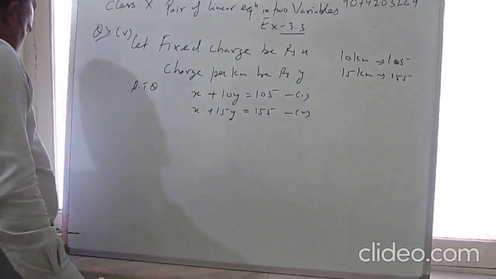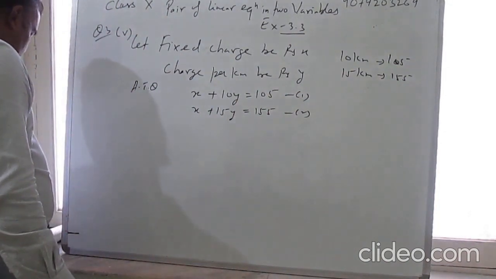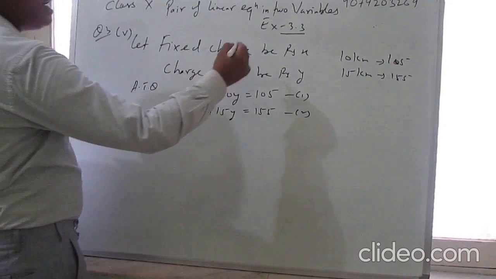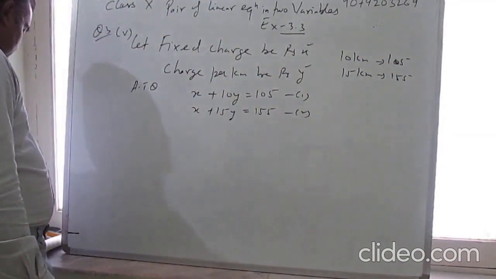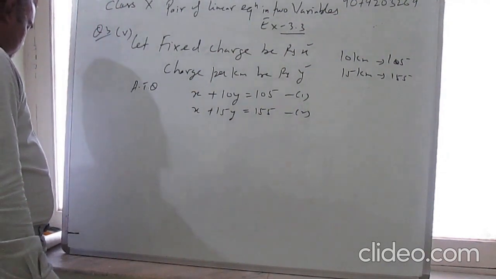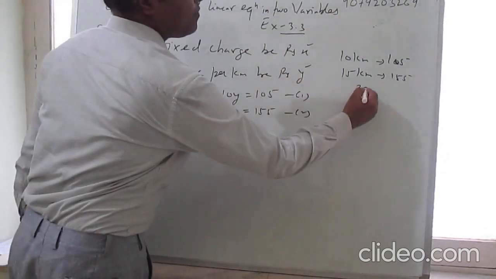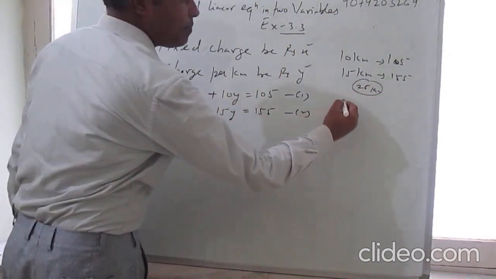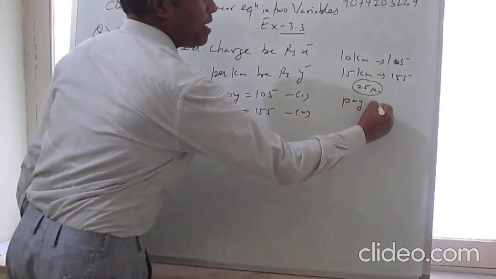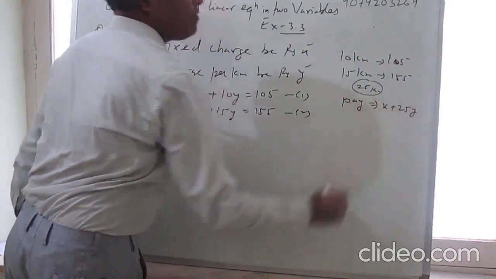In this question you also calculate what the fixed charge and the charge per kilometer are. How much does a person have to pay for traveling 25 kilometers? If he goes 25 kilometers, he will have to pay x plus 25y.